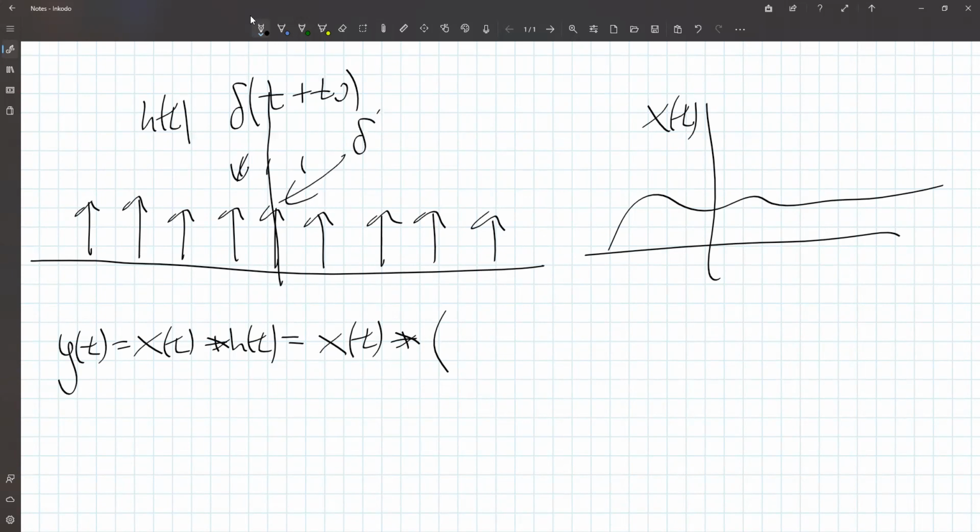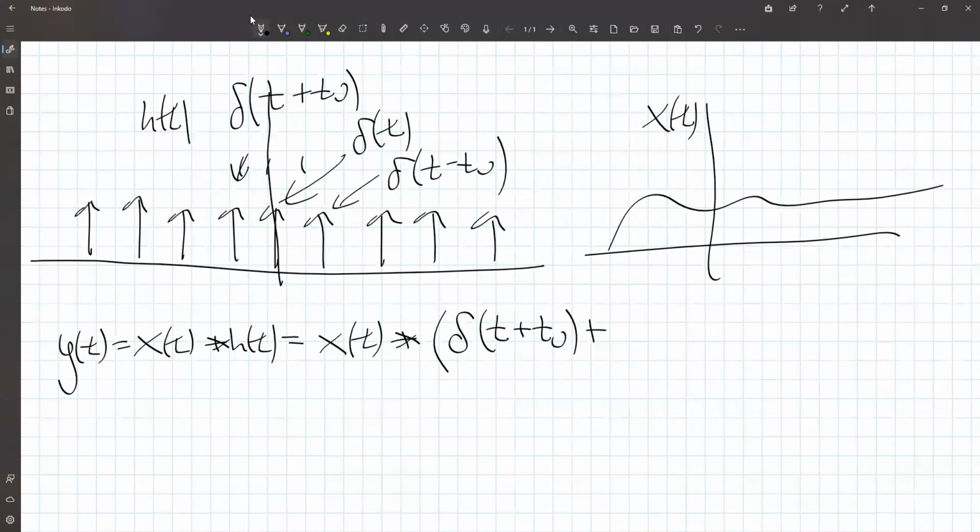This one right here is delta of t, and then this one right here is delta of t minus t naught. So I could rewrite h as delta of t plus t naught. And convolution has a lot of the normal properties of arithmetic.